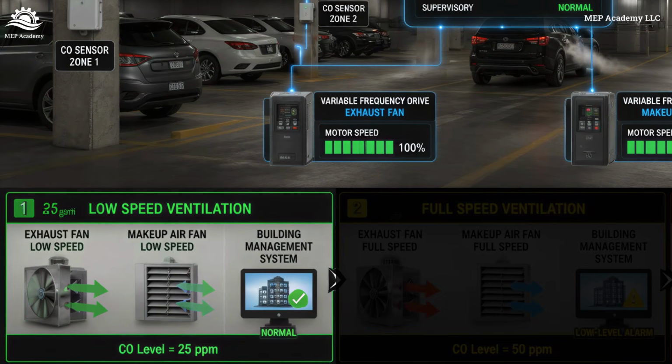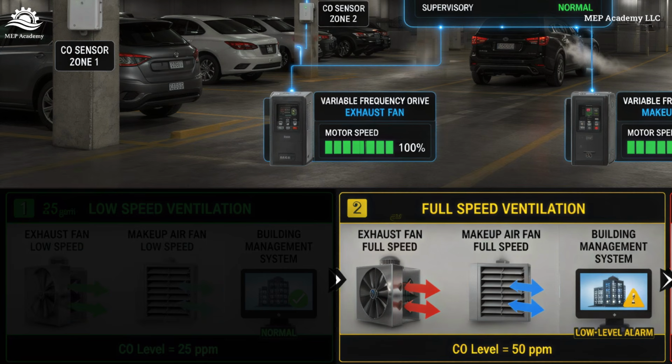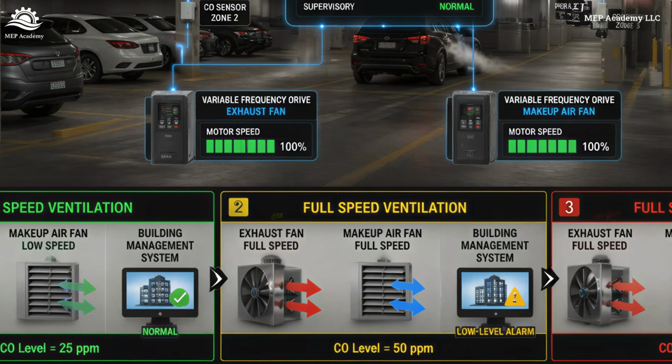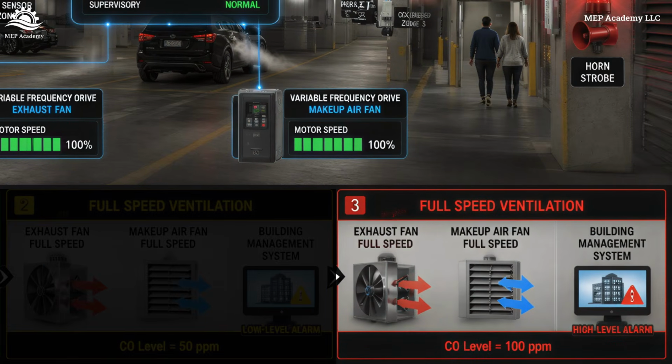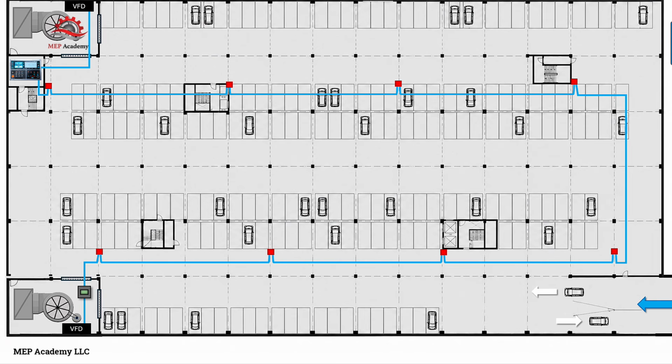If any sensor detects 50 ppm, the controller increases the fans to full speed while sending a low-level alarm to the building management system. If carbon monoxide reaches 100 ppm, the controller activates a high-level alarm, sends a signal to the building management system, and energizes both the flashing strobe light and audible horn to warn garage occupants of potentially unsafe conditions.